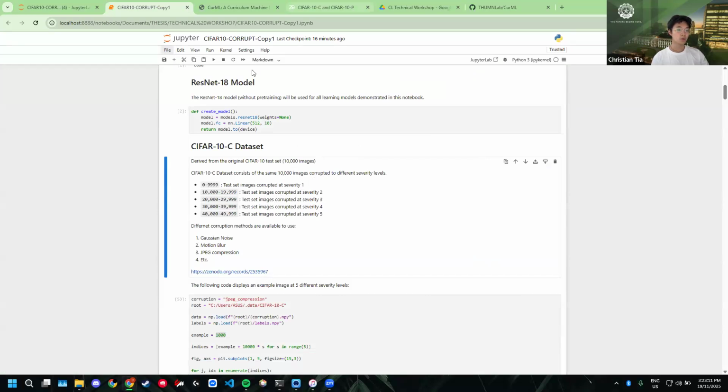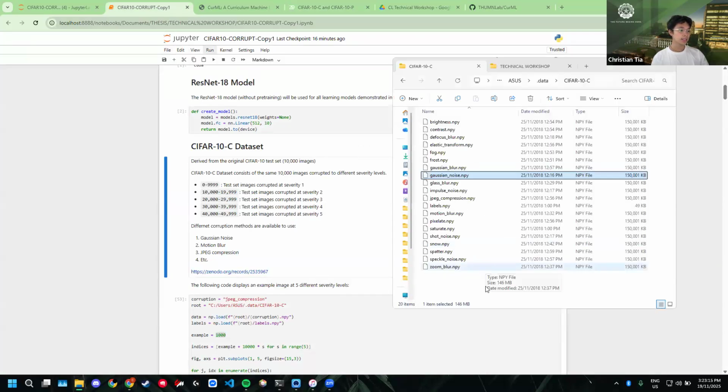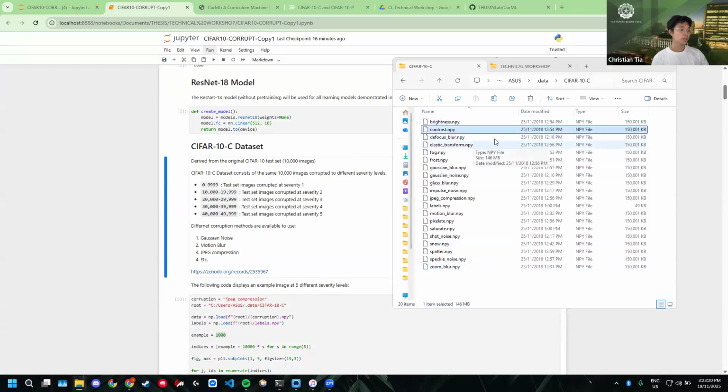So what this dataset has is once you download it, it has a lot of these files for each form of corruption. And so each of these consists of 50,000 images, where the first 10,000 images show the test images corrupted at severity level 1.